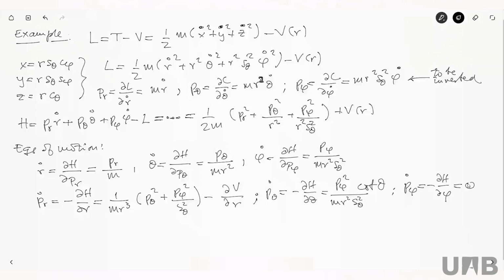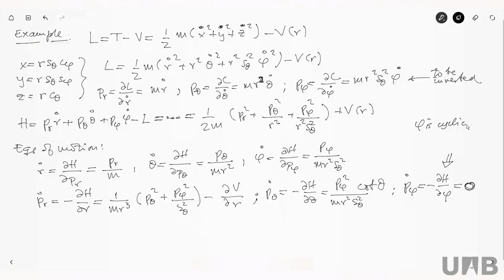Okay? And so we find that, and this is something that we will have to discuss also because this is related to a symmetry, the fact that the Hamiltonian does not depend on one of the variables, phi. This is what people call that phi is a cyclic variable, right? So this means phi is cyclic.